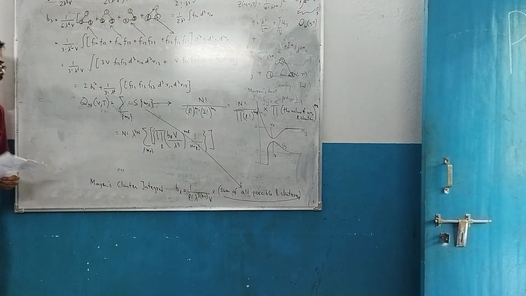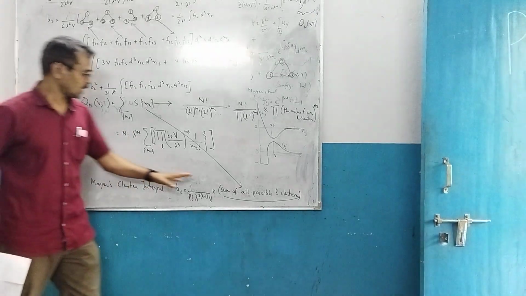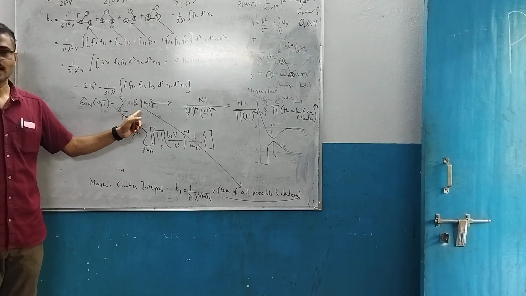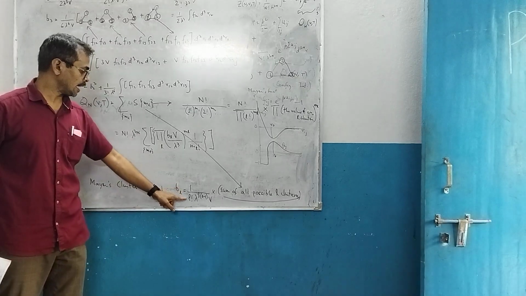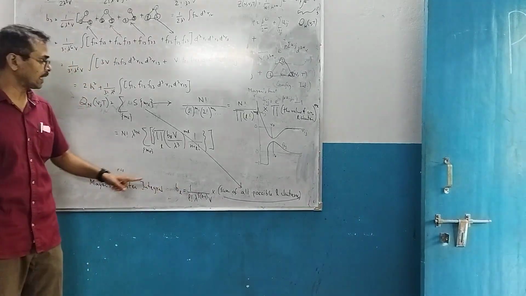Now the question is, where from did this term come? The sum of all possible states of a cluster, that is what I claimed as S ml, so that would be equal to b l into l factorial.